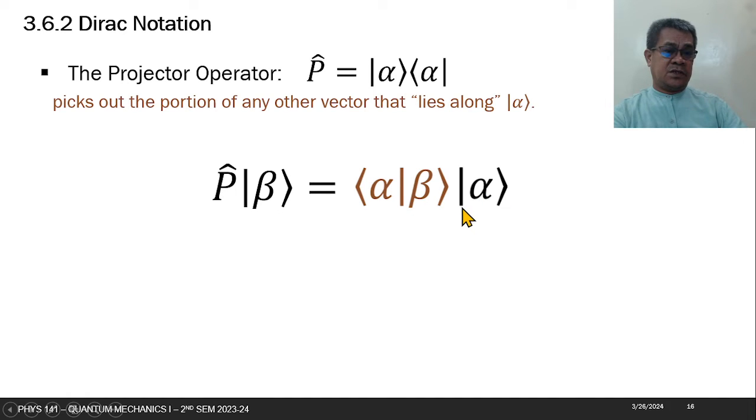This result shows that when the projector acts on the beta vector, it is just a number multiplied by alpha. So this is measuring the length of the beta vector in line with the alpha vector.